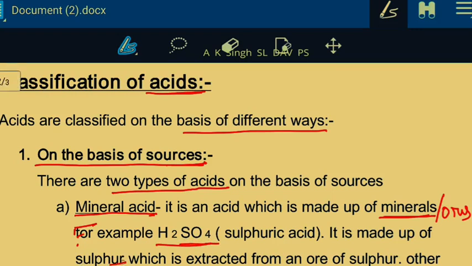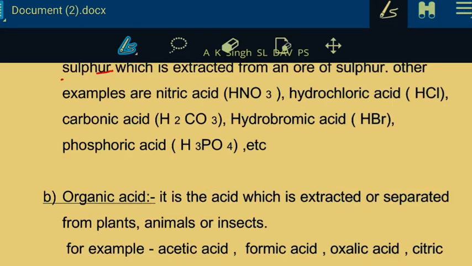Sulfur is extracted from an ore of sulfur, such as zinc sulfide, etc. Other examples are nitric acid, HNO3, made up of nitrogen and oxygen, hydrochloric acid HCl, carbonic acid H2CO3, hydrobromic acid HBr, phosphoric acid H3PO4, etc.